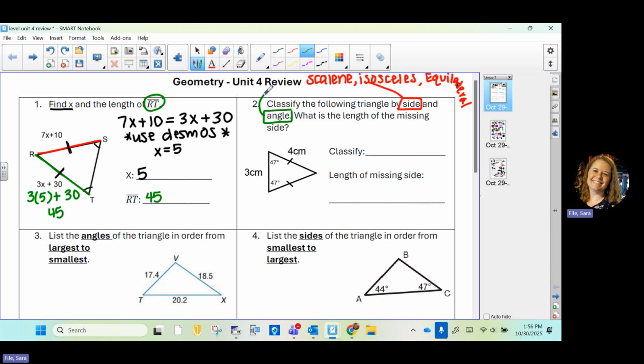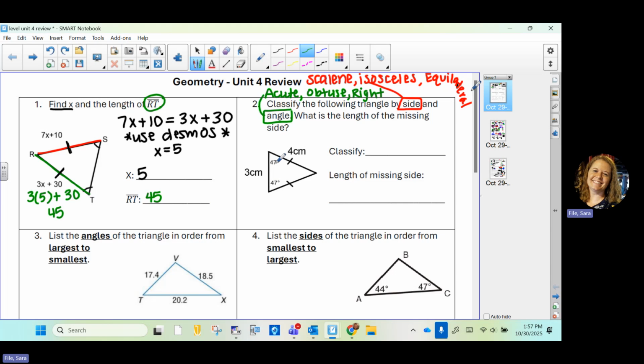Well, by angle, that means, are all 3 angles acute? Is there one obtuse? Or is there one right? So acute, obtuse, and right is by angle. Scalene, isosceles, equilateral is by side. So to answer this, I need to find this 3rd angle.